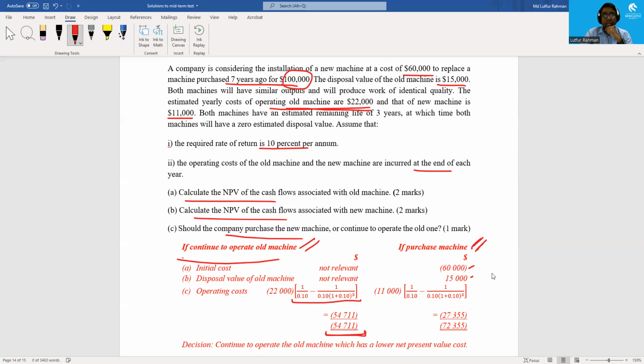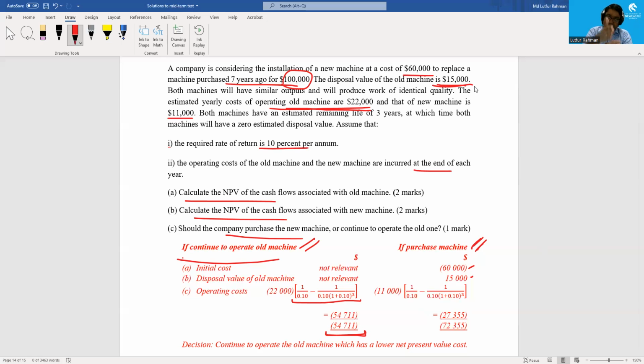And you also consider the disposal value of the old machine. Many of you made a mistake here: the disposal value of the old machine was considered as a cash flow when you considered the old machine. However, that is a mistake because this 15,000 is the disposal value of the old machine now.